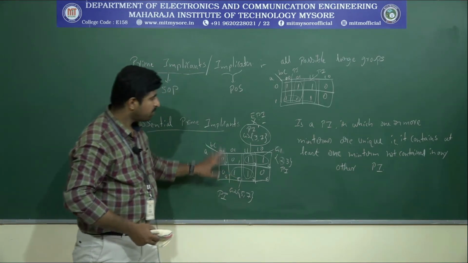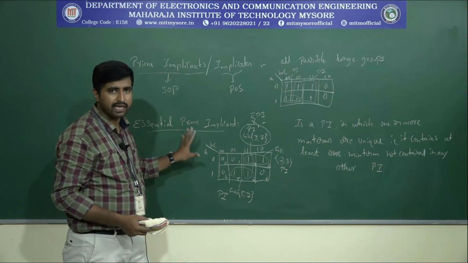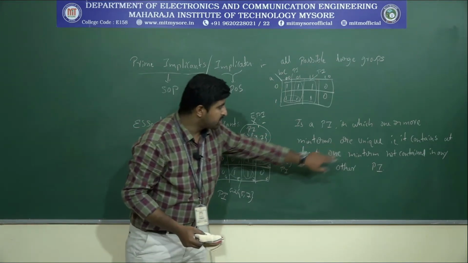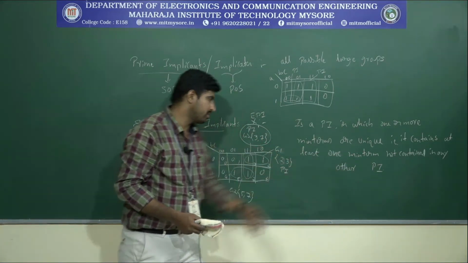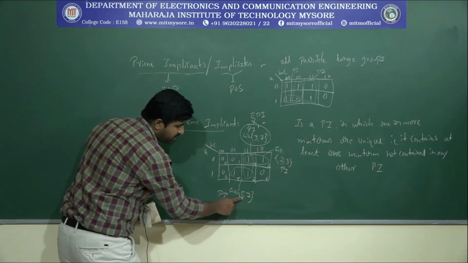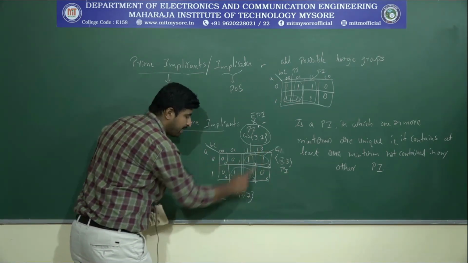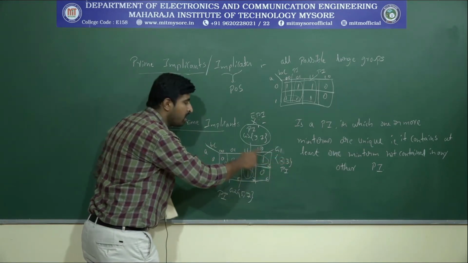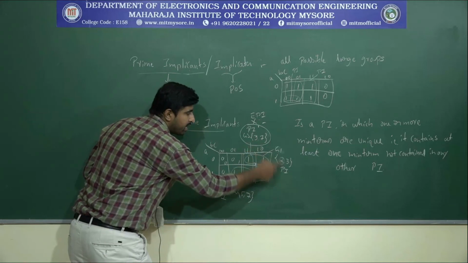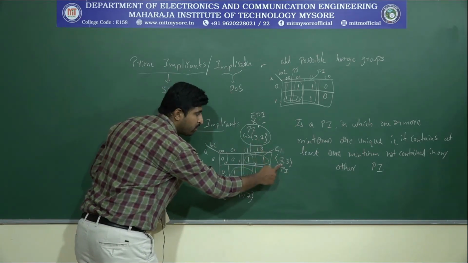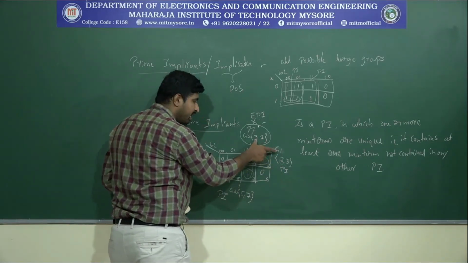I will repeat. An essential prime implicant means that at least one min term is not contained in any other prime implicant. The 5 and the 7 are there, where 7 is in another prime implicant, but at least one is unique. Here the 5 min term is not involved in any other prime implicant. Similarly, for group 1, min term 2 is not there in any other group.